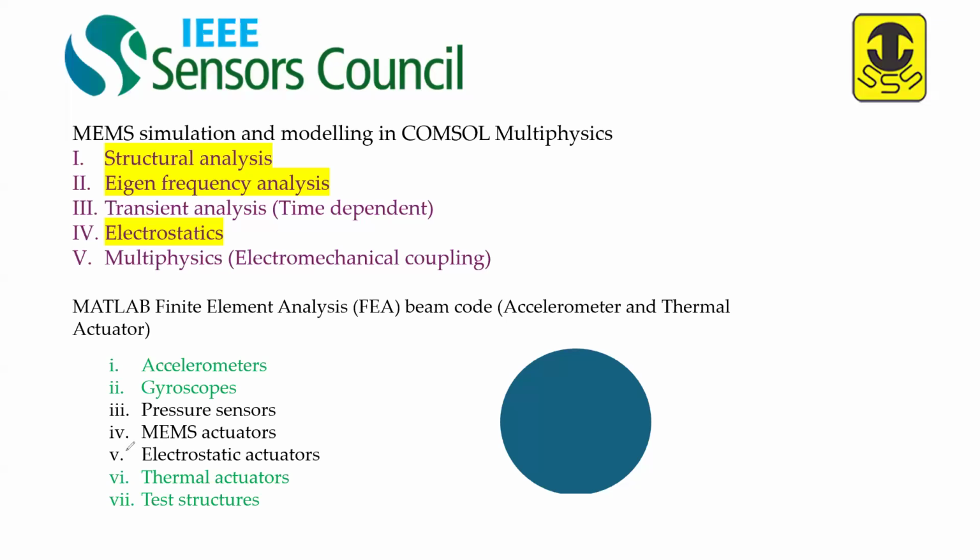That day, I had missed one example, which is electromechanical coupling. So when you apply a voltage to a geometry, how does it actually deform? I'll first show you one example in COMSOL. Then after that, I'll run a few MATLAB codes on various suspension designs, which is a critical part of the accelerometer.